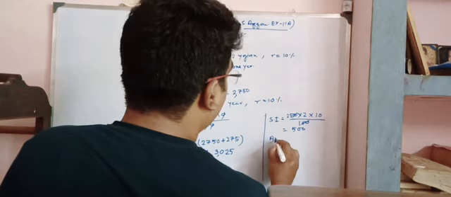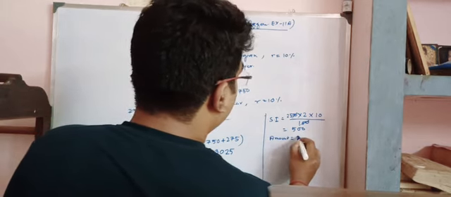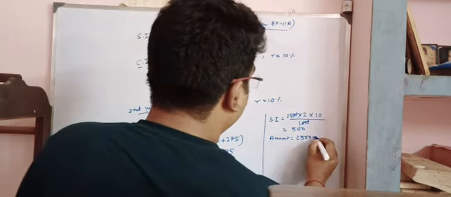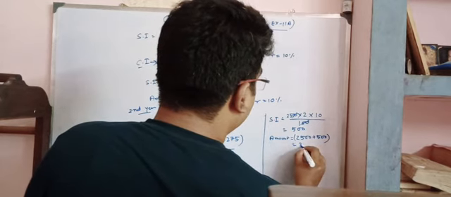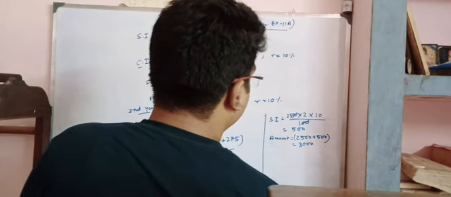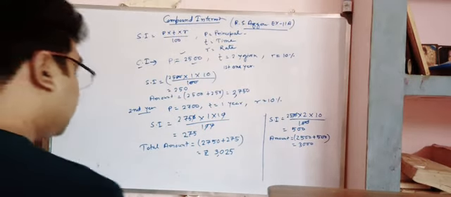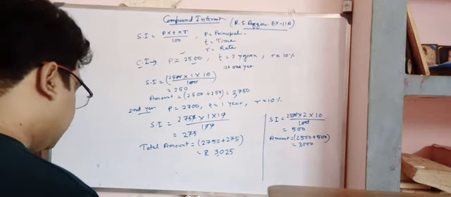So my new amount should be 2500 plus 500, that's equal to 3000. Okay, so this is my new amount. So this is the difference between the simple interest and compound interest.